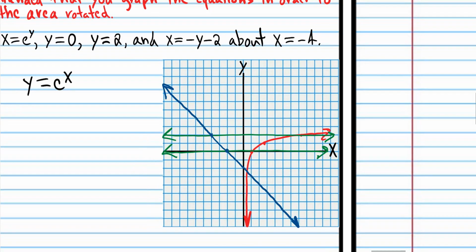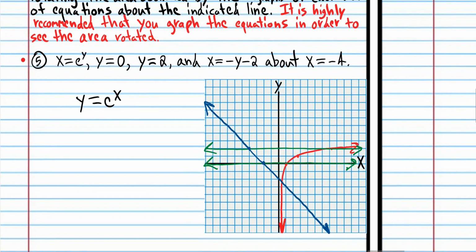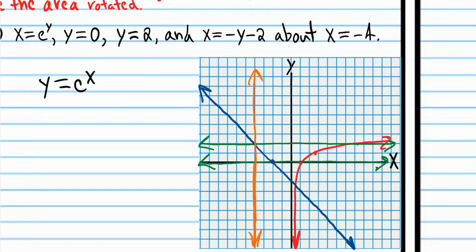All right. So what area are we talking about here? Looks like it's going to be this area. That's the area that we're enclosing, the area bounded by those graphs. Actually, not that other part, just the upper part here.